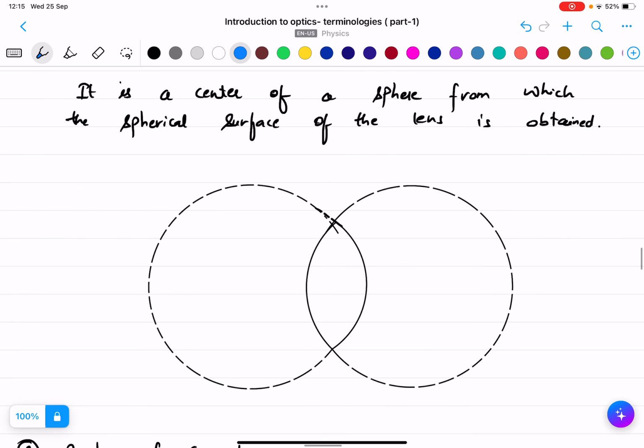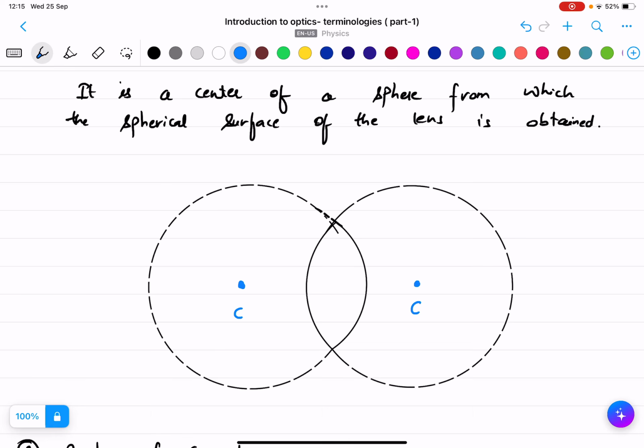So this is a lens, this is one circle, and the center of the sphere is this one. This one is the center of this circle, and this one is the center of this sphere. So these two points are basically the center of curvature.